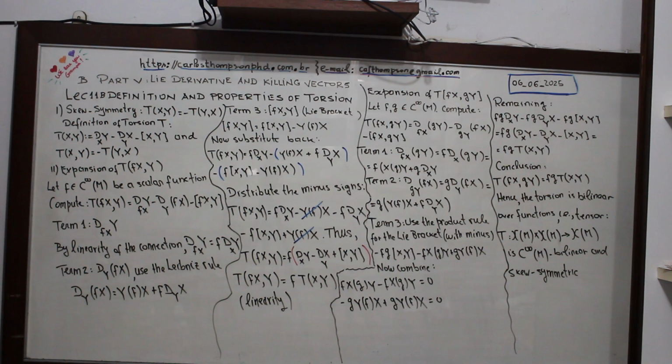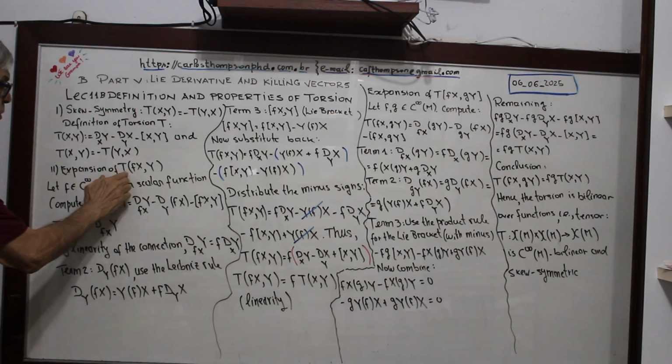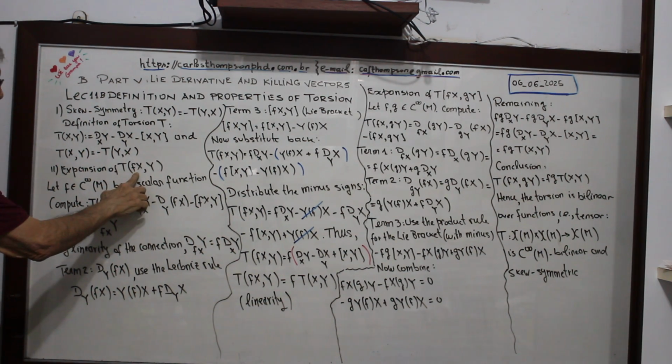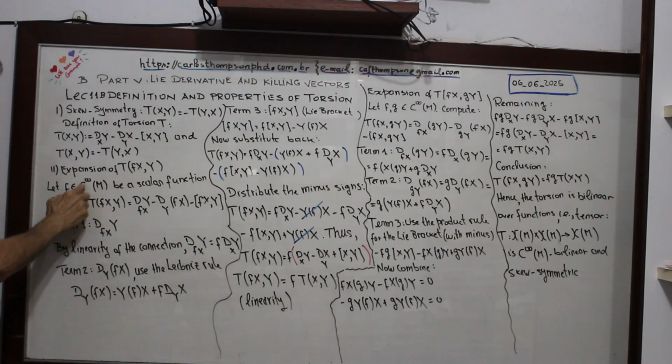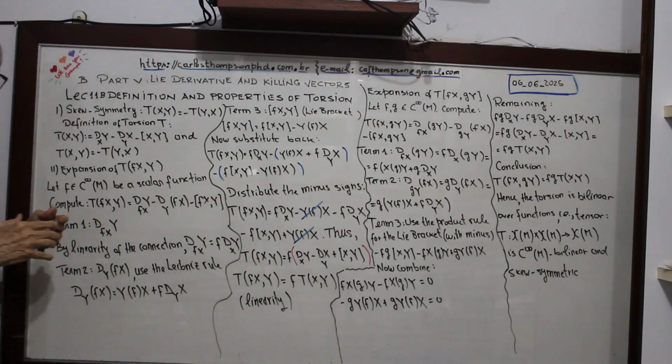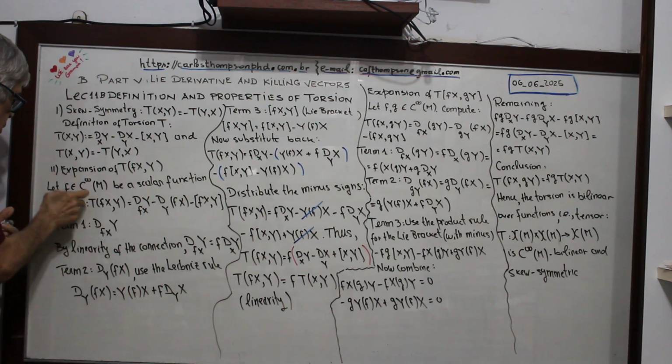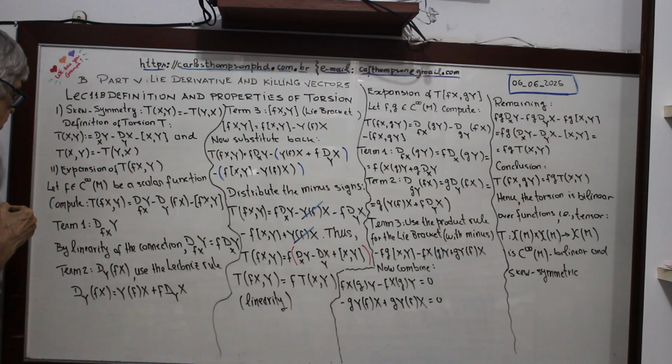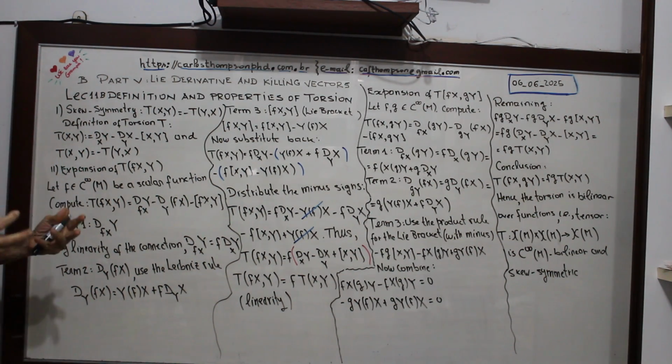Now, expansion of torsion. This is a function f that belongs to C infinity of M. It behaves smoothly. That's why f belongs to this space here. f is a function, a scalar.